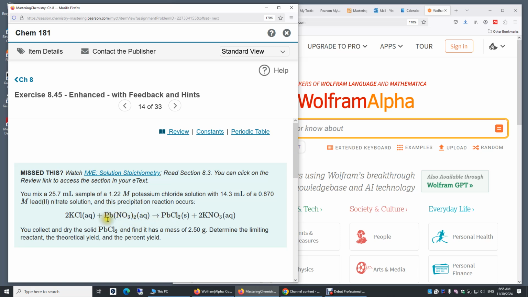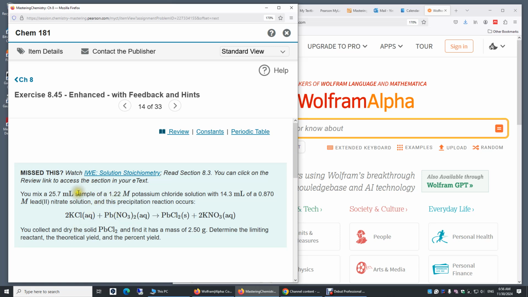And then we can start with the number of moles of lead-2 nitrate, and that's equivalent to the number of moles of lead-2 chloride, assuming all other chemicals are in excess. And then we get 2 different values for the amount of lead chloride, whichever is smaller, that's going to be the theoretical yield. The corresponding reactant is the limiting reactant.